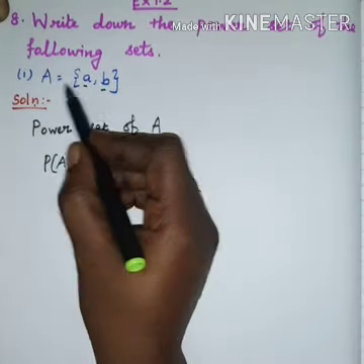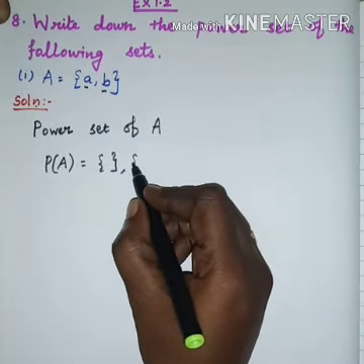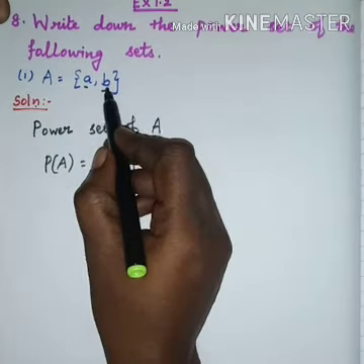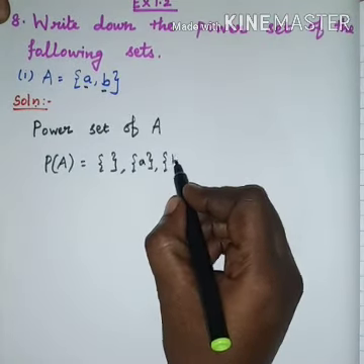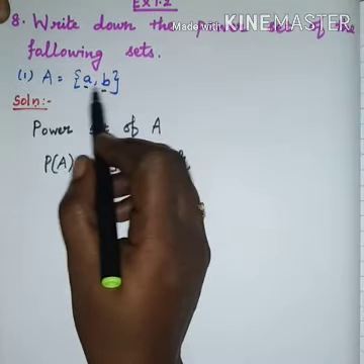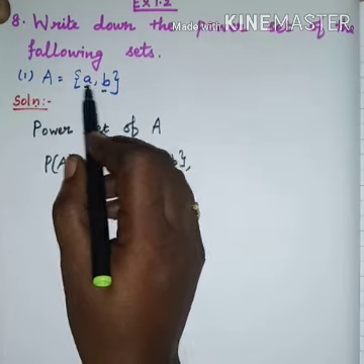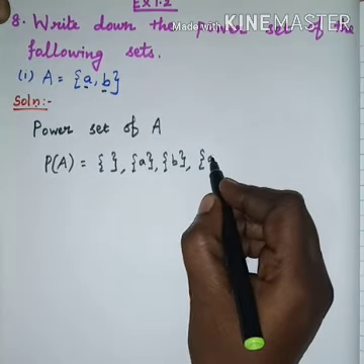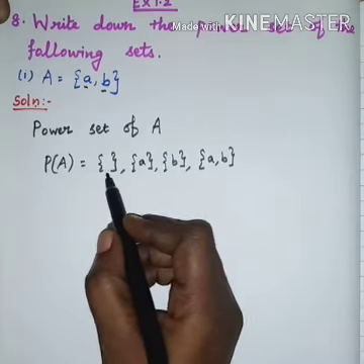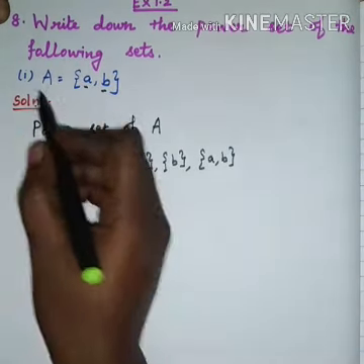The first element of A is a, so write a within the set bracket. The second element of A is b. Finally, what are all the elements in A? {a, b}. So we wrote {a, b}.